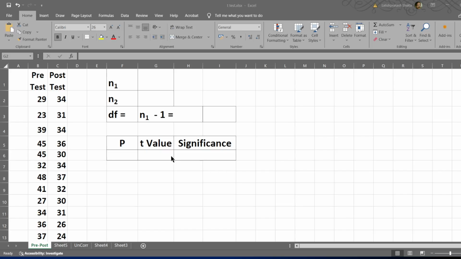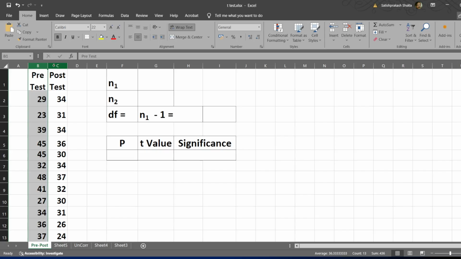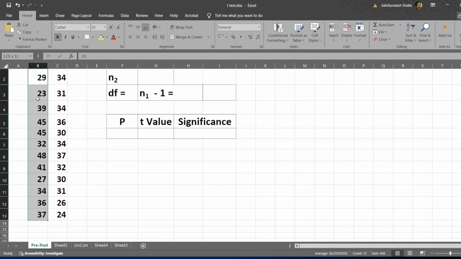As shown on the screen, here in the Excel sheet, pre-test scores are entered in column B and post-test scores are entered in column C. The range of pre-test scores is B2 to B13.